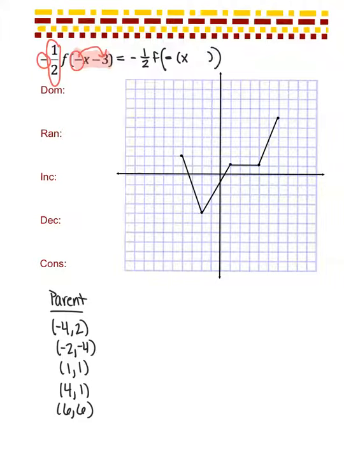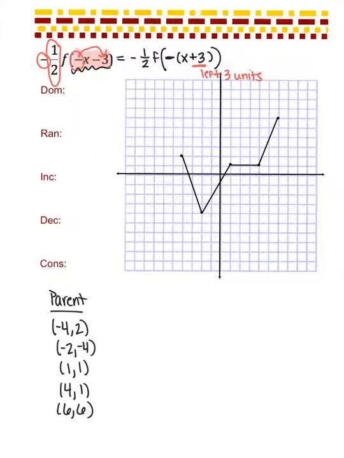So if I pull that negative out, that reflection that's going to be about the y-axis, I would see that this becomes x plus 3. Because if I would distribute the negative, I would go back to my original right here. So now I can see I'm not going to the right 3. I'm actually going to the left 3 units.